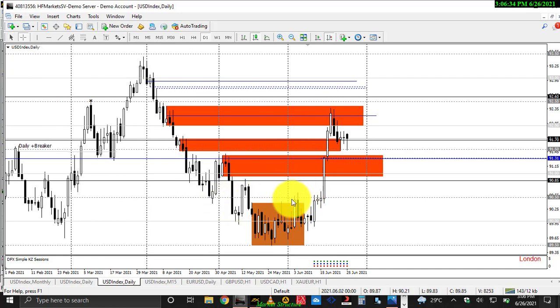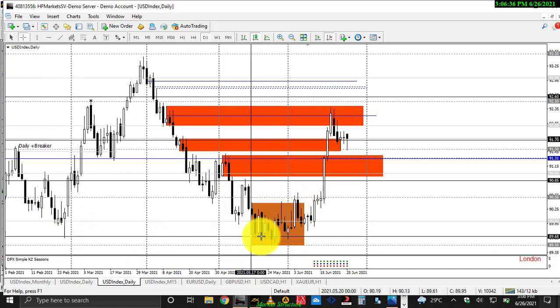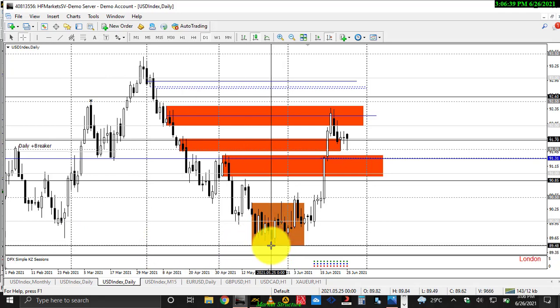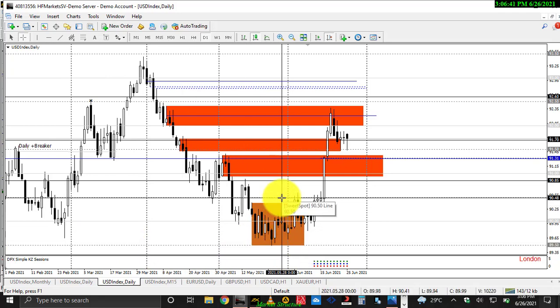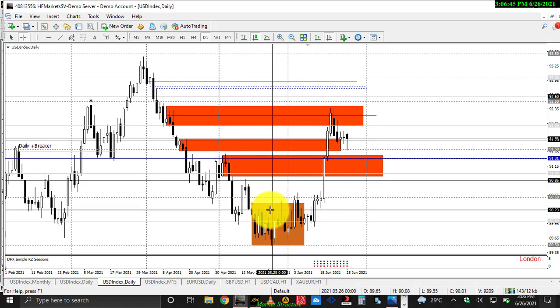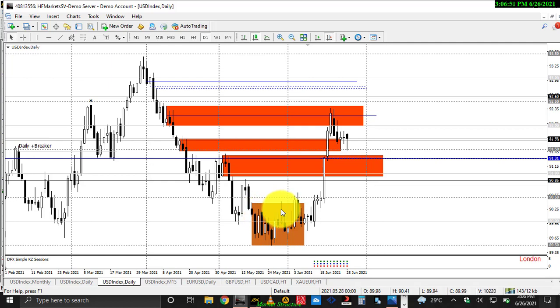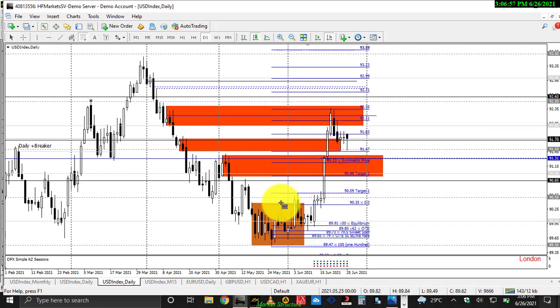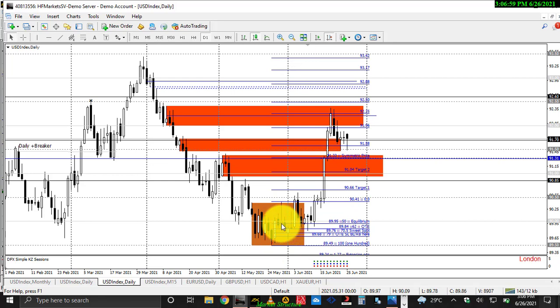We had these lows, that low taken out over here. Price rallied up, and then we had the first market structure break here. This high was broken over there. Then you had a pullback to about 50% of the range over here, around this area.